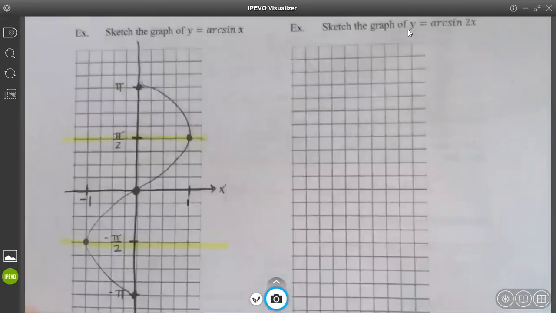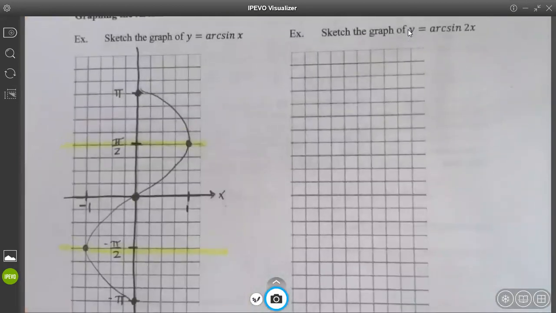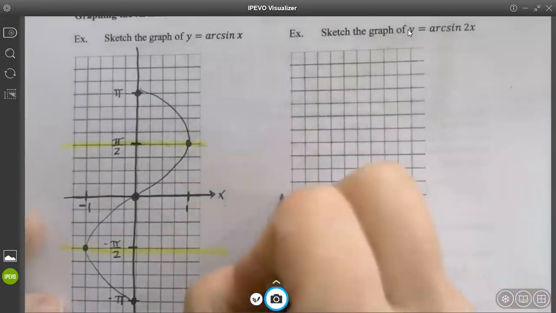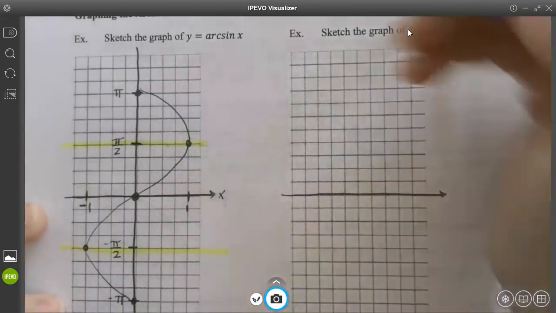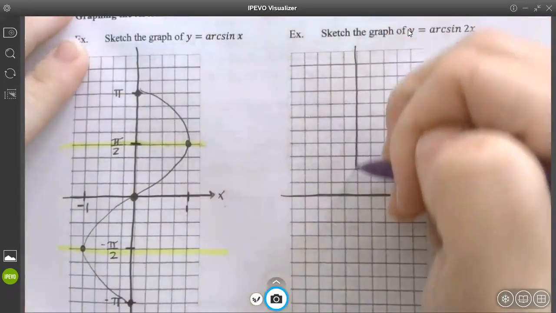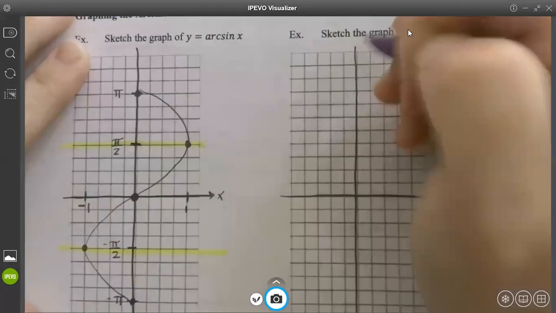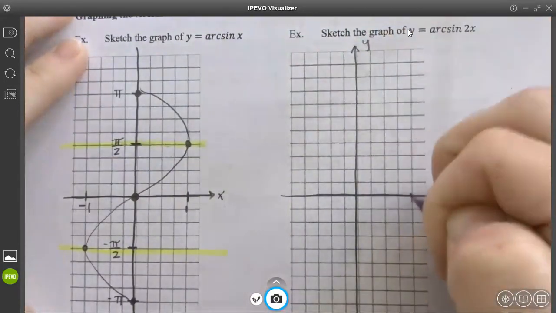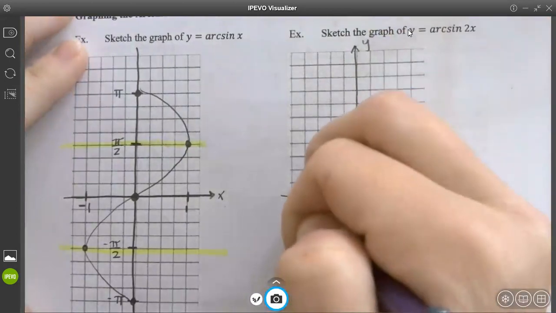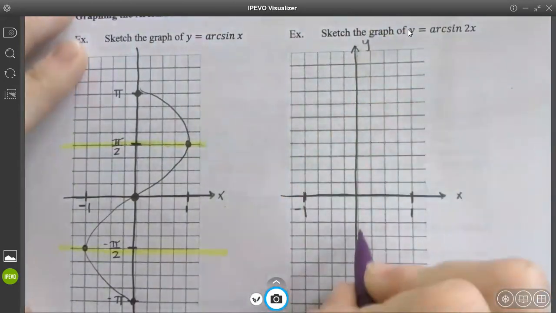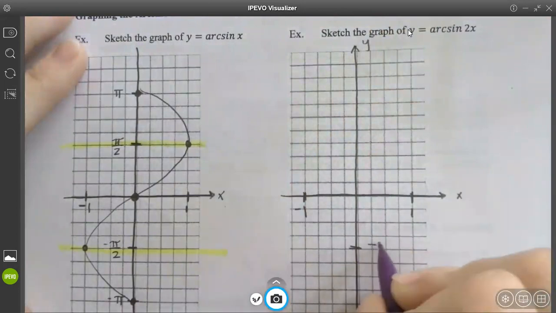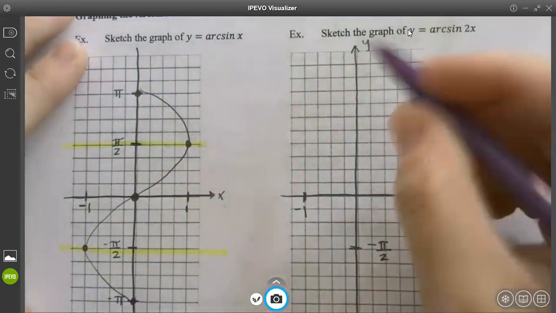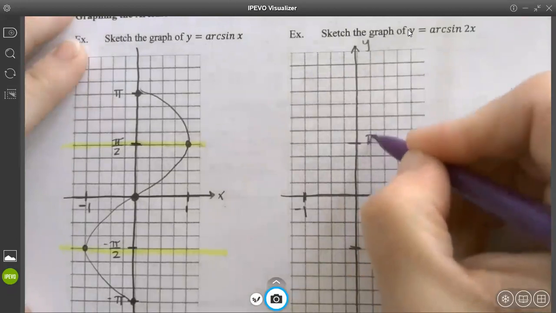What is 2x going to do? Stretch it, right? So here's what it does. You're going to draw your graph the same exact way. Don't do anything different. -1, -1, -pi over 2, pi over 2.